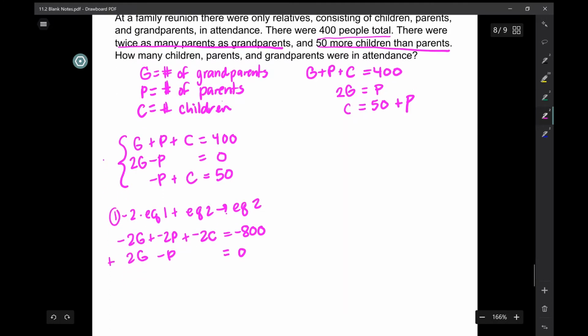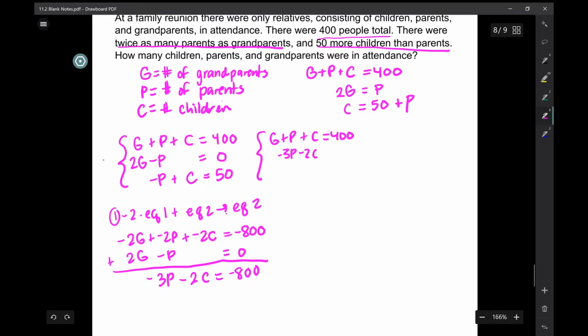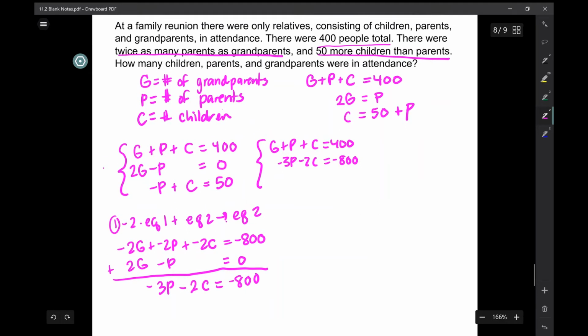Add those together, and we get minus 3P minus 2C equals minus 800. And the third equation is already in terms of P and C: minus P plus C equals 50.